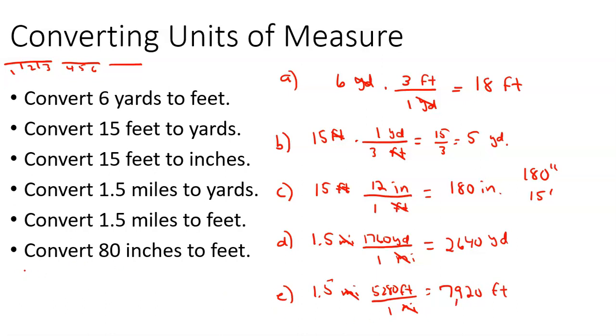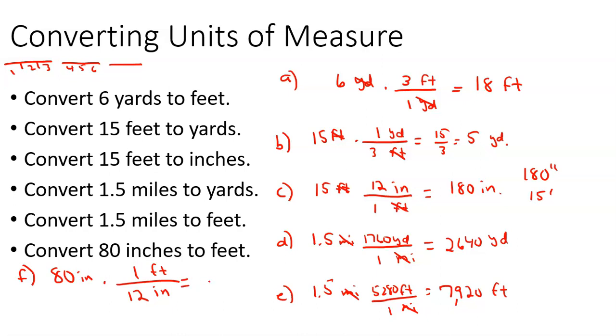All right, last one I'm going to put down here, convert 80 inches to feet. So this does not look like I'm going to come up with a whole number. I've got 80 inches, and I want to convert from inches to feet, so I'm going to put inches on the bottom and feet on top. So 1 foot has 12 inches. Whatever fraction you have over here has to make sense in terms of unit conversion. So 1 foot is worth 12 inches.